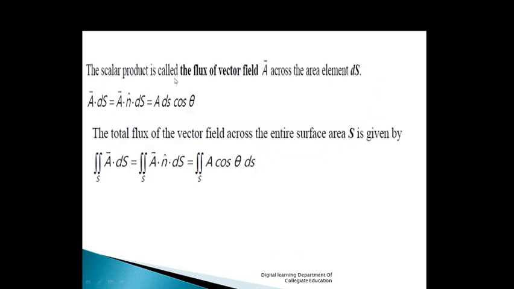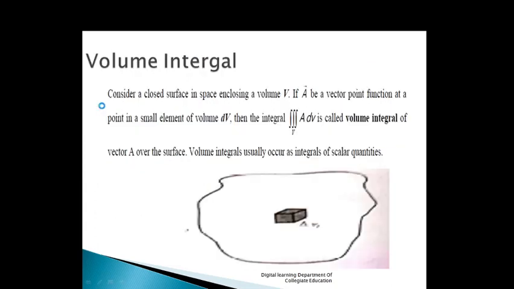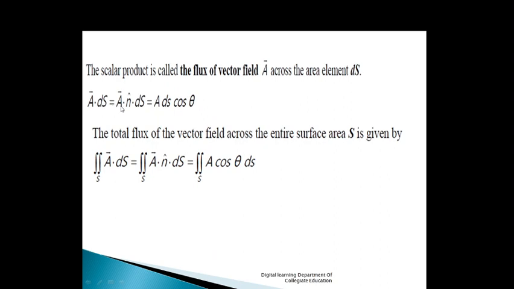The scalar product is called the flux of vector field A across the area element ds. Therefore, vector A dot vector ds equals vector A dot n cap ds. This can also be written as A ds cos theta, again from the dot product.